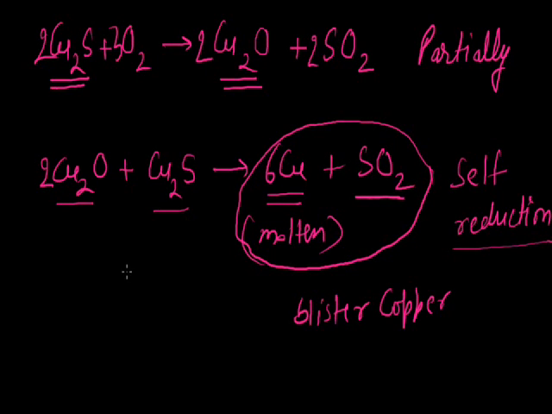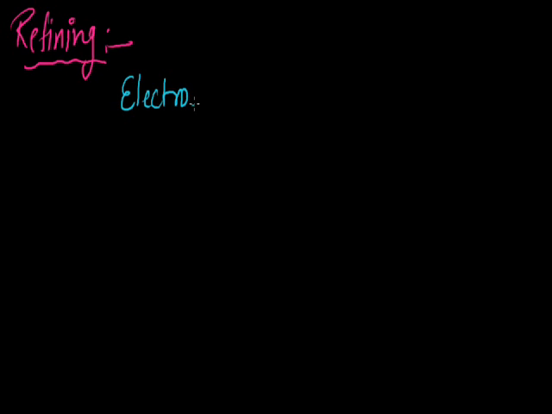But this copper is 98% pure, so we want to obtain 100% pure copper. We use a refining process. The next step is refining. Refining is done by the electrolytic refining method.